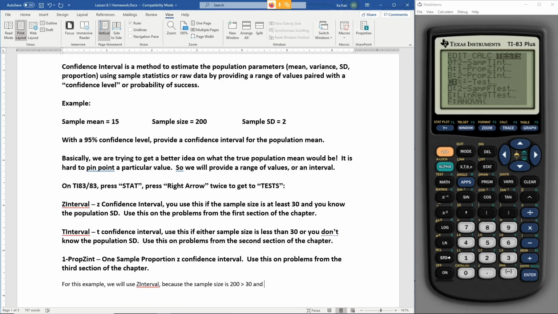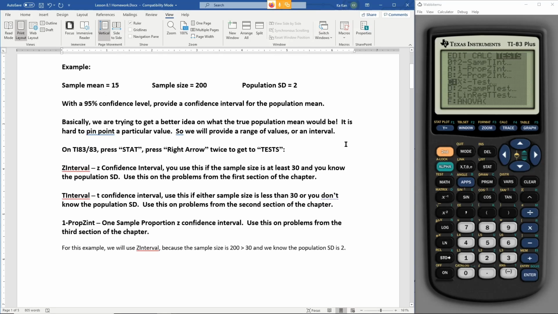And actually, I should tell you that we know the population standard deviation, and it is 2. So basically, use Z interval. I click on that, and then it gives you this information.